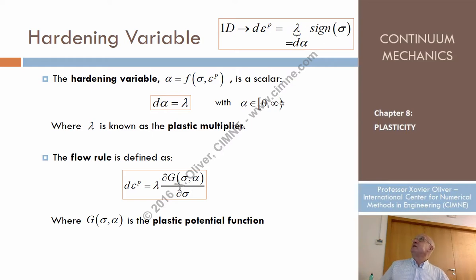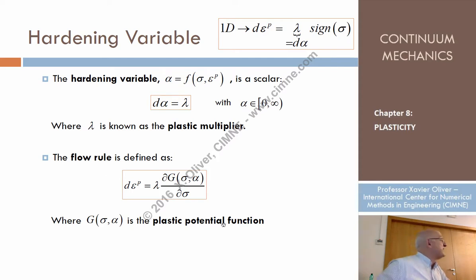Second, this law is just generalized that way. The increment of the plastic strains is equal to this lambda, this plastic multiplier, which has to be determined, times that. What is that? Well, for the term defining this, we define something which is a new function, a new material property, which is called the plastic potential function.